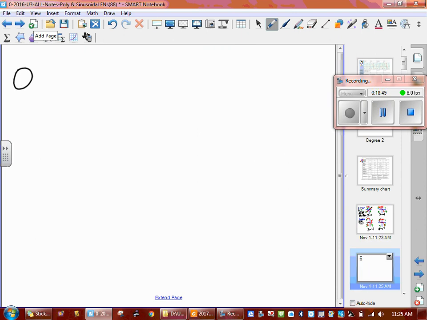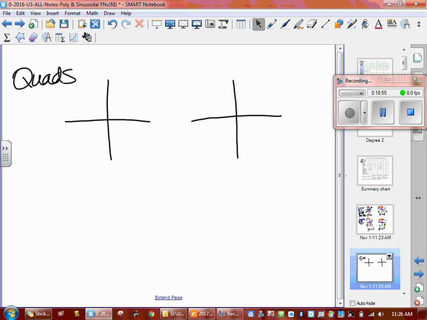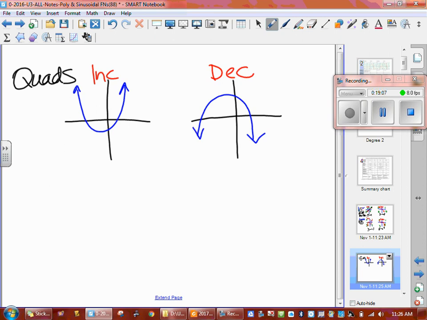Increase and decrease. If I have an increasing function, it's pointing upwards. If I have a decreasing function, it's pointing downwards. Again, we're going to label our quadrants: 1, 2, 3, 4. So, an increase is always going to go 2 to 1.